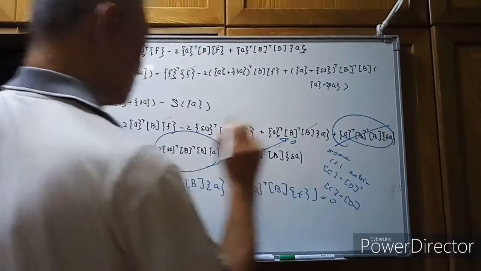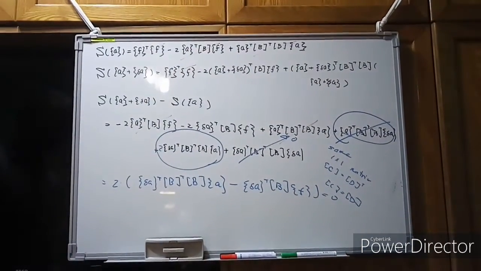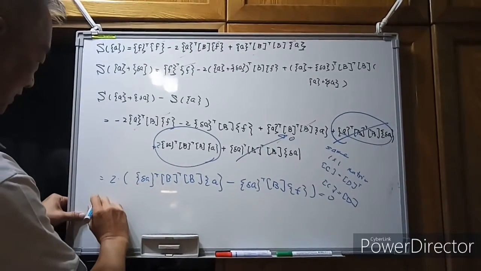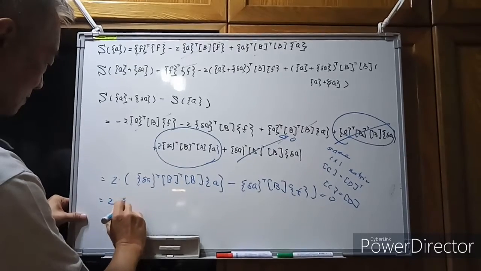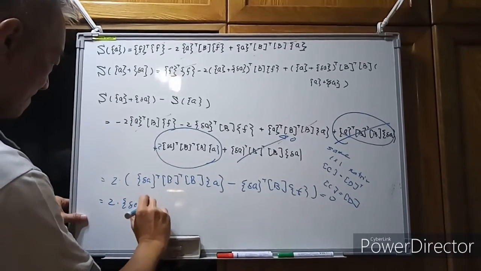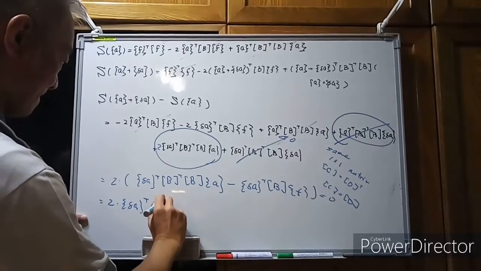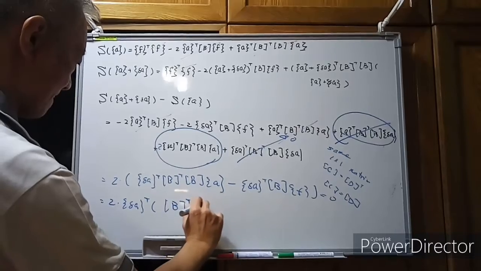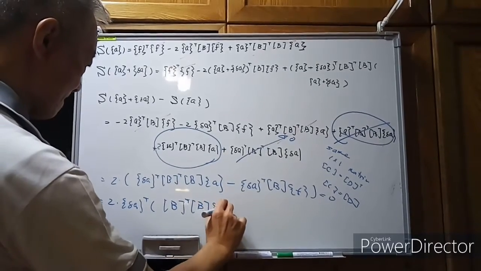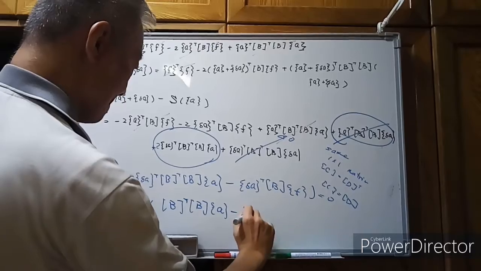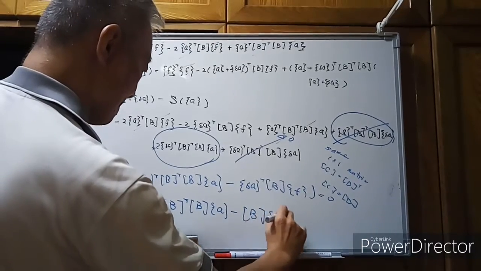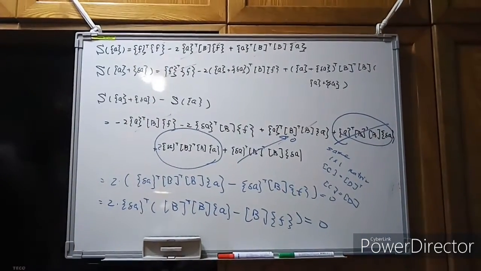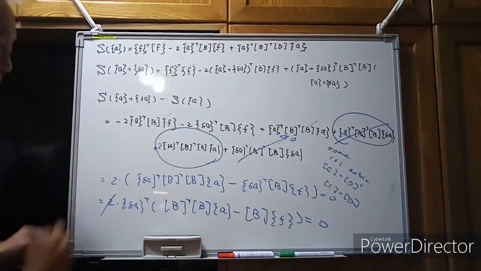and this one is equal to 0. This one is equal to 0. Also, I can take out the delta A. Equal to 0. And the 2, we can neglect the 2.